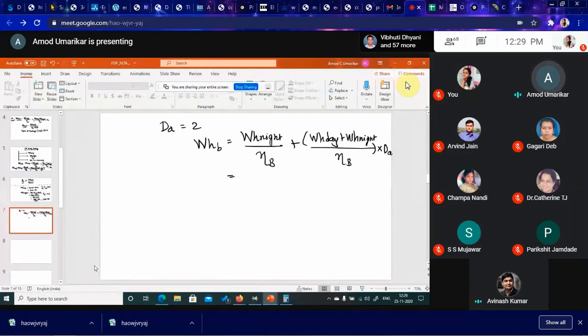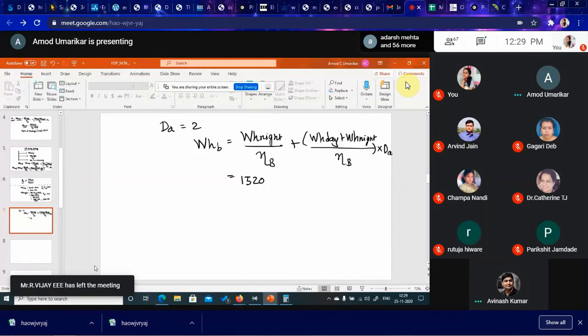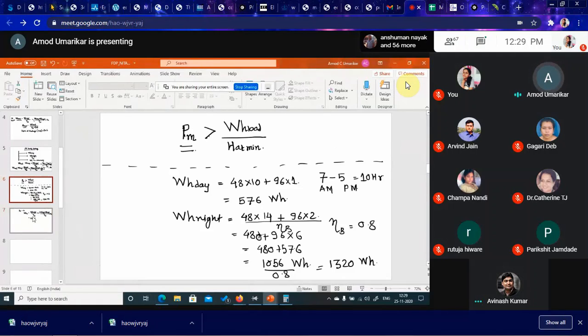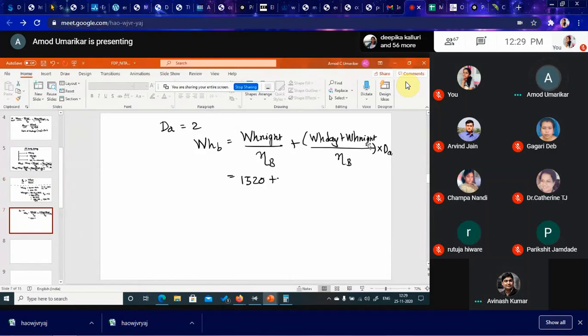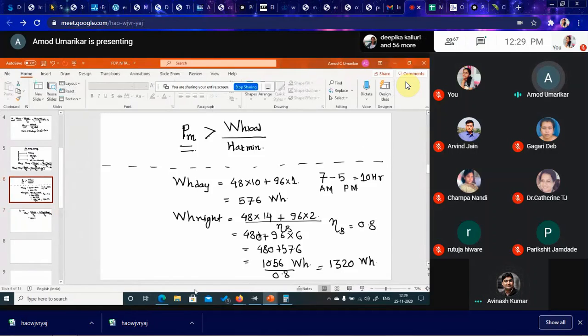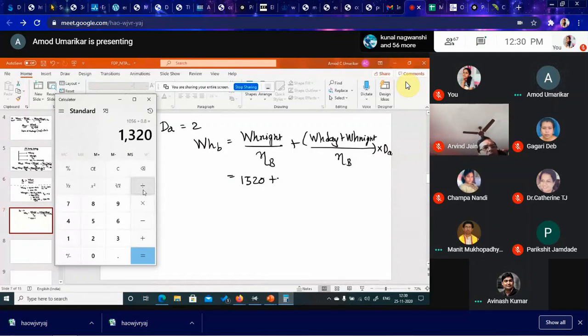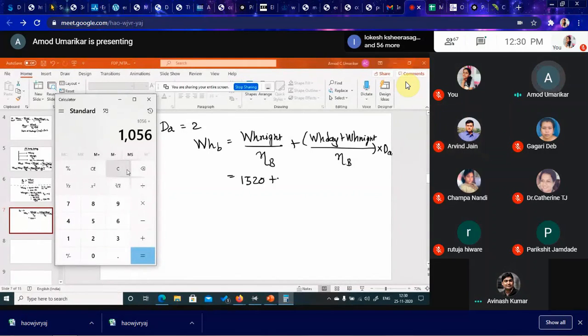So this will be 1320 plus WH day, which is 576, plus WH night 1056 upon 0.8, multiplied by 2.